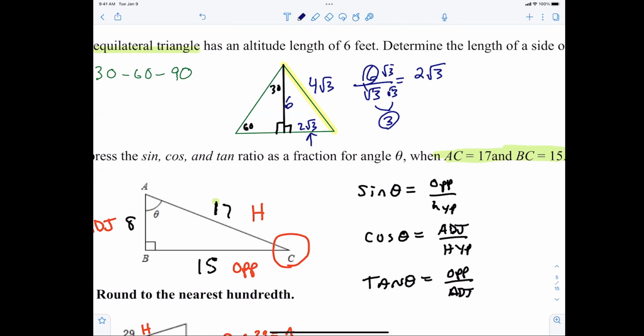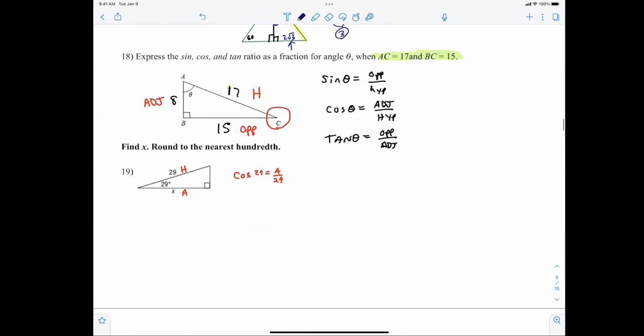All right, here we go. Now this is where I said you guys got to help me with all of the calculator work here. Well, this one is just sine of theta. So what was the sine of theta for number 18? 15/17.